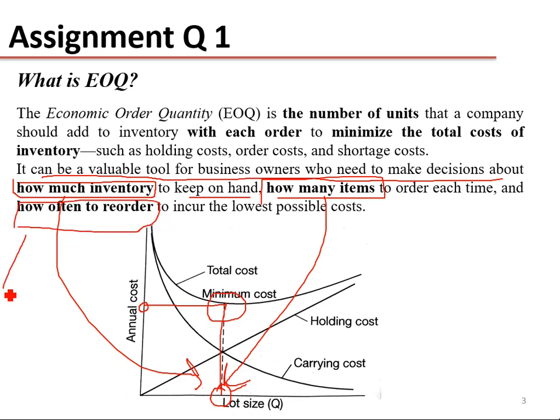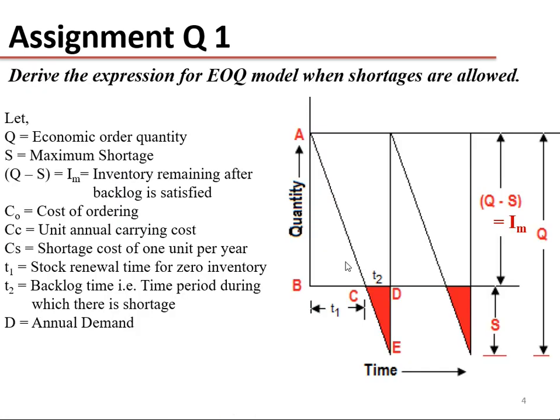That means we also have to see how many orders in a year we are going to put, so that we achieve the lowest possible cost. This is basically the EOQ.